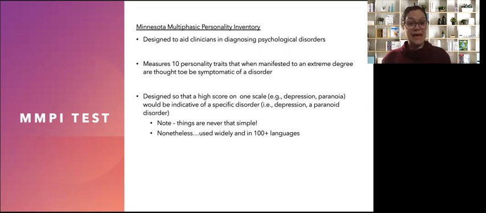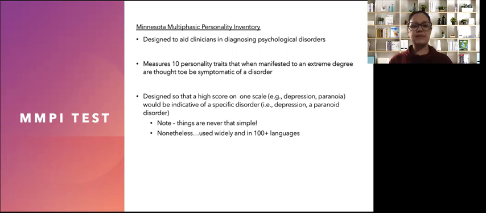Now, it isn't always that simple, right? It's not that because you score high, maybe on a depression scale, it means you have depression. Typically, psychological disorders have any number of symptoms associated with them, not just one, right? There's not just one measure that dictates whether or not a psychological disorder is present.